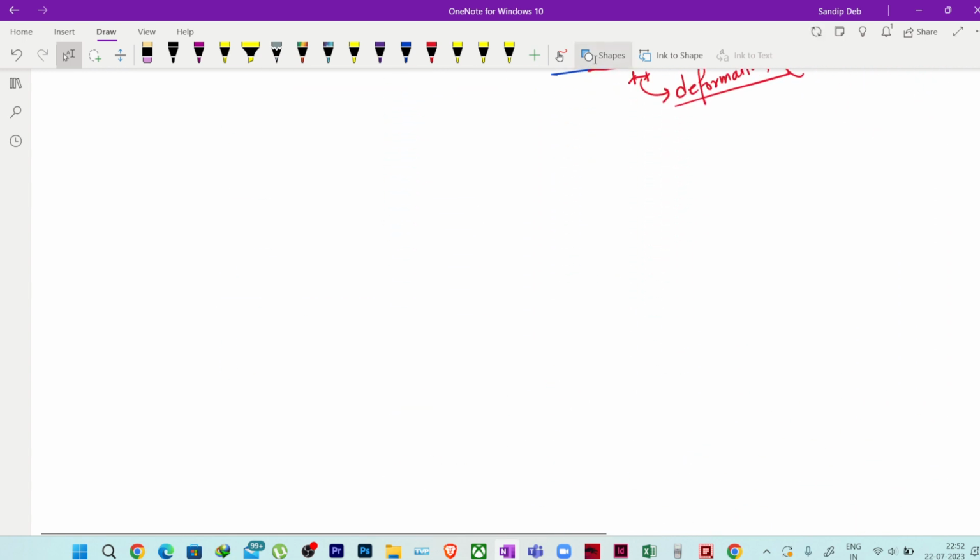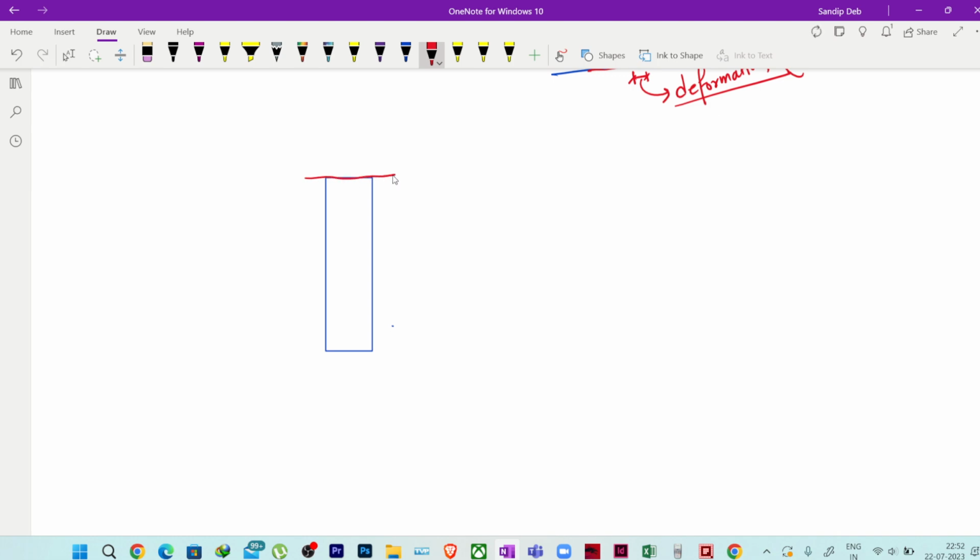Now suppose I have taken a bar and somehow I fixed it here. Here I have fixed it. It will not move. This edge will not move. Now what I have done, I have applied some force downwards.